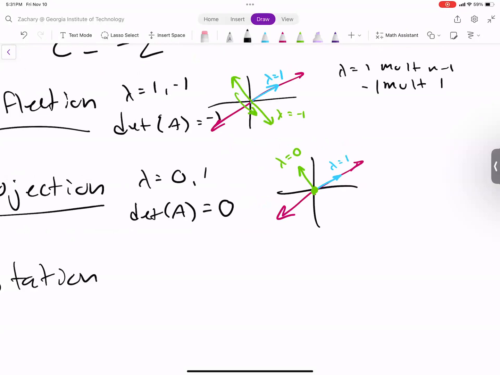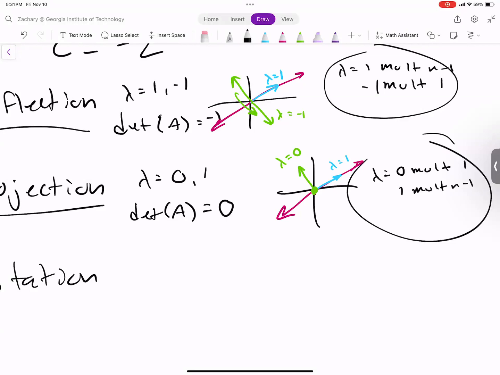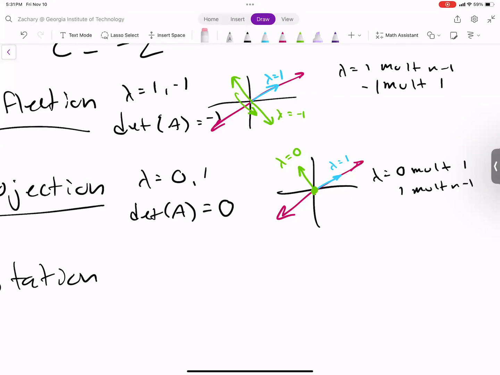So you're once again going to have lambda equals 0, multiplicity 1, and 1 multiplicity n-1. This is stuff you don't really need to know. I just enjoy it because I like math. It is also diagonalizable. Not going to try to explain that one. Same exact thing though.